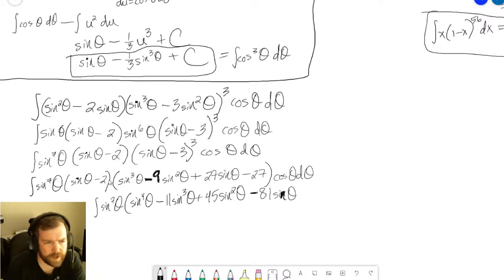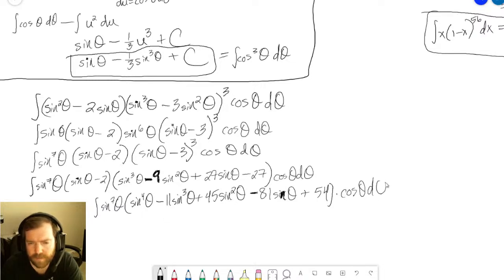And then we also have a negative 2 times a negative 27 is going to be positive 54. All right, take all that, multiply by the cosine of theta d theta.